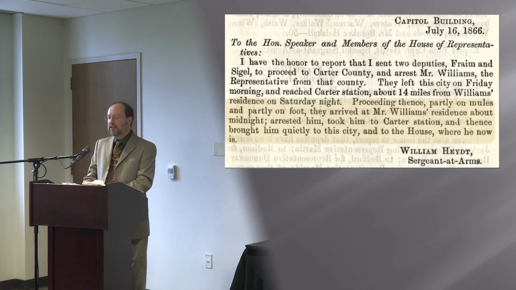And on July 16, 1866, Sergeant-at-Arms William Hite reported on sending 2 deputies to Carter County to arrest Representative Pleasant Williams. "Proceeding thence, partly on mules and partly on foot, they arrived at Mr. Williams' residence about midnight, arrested him, took him to Carter Station, and thence brought him quietly to this city and to this house where he now is."